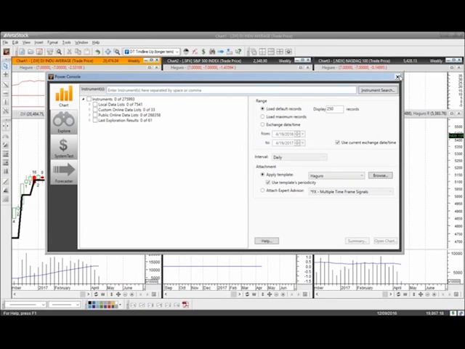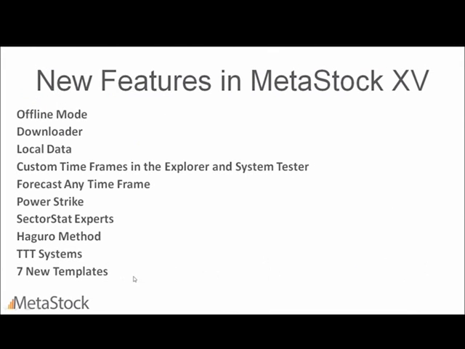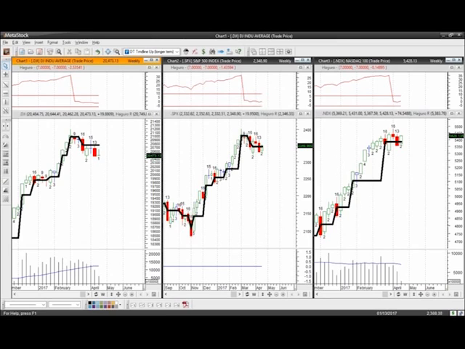So, for example, behind us right now, I have 3 charts open. So for the US market, I have the Dow open, I have the S&P 500, and I have the NASDAQ 100 open.